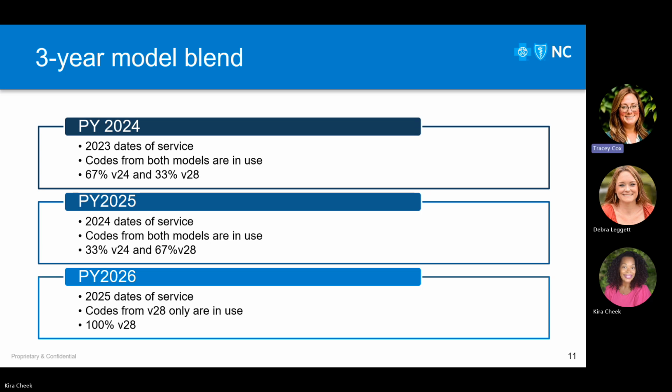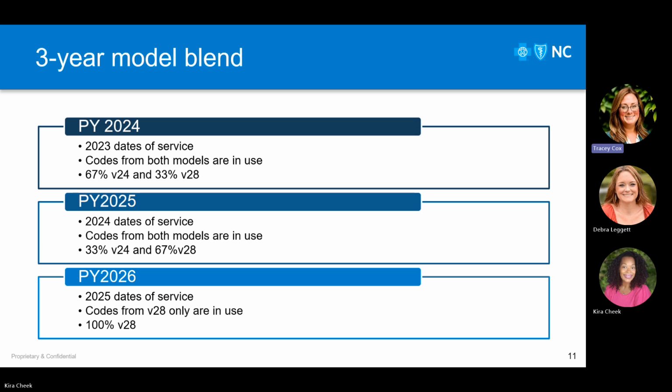The V28 model is a 3-year model blend. As many have heard, V28 is blending into V24 over 3 years. So what does this mean? For payment year 2024, 2023 dates of service are looked at. These dates of service will include codes from V24 and V28 models.